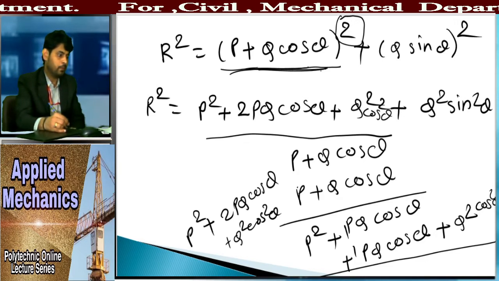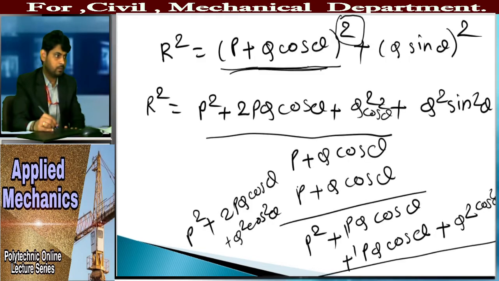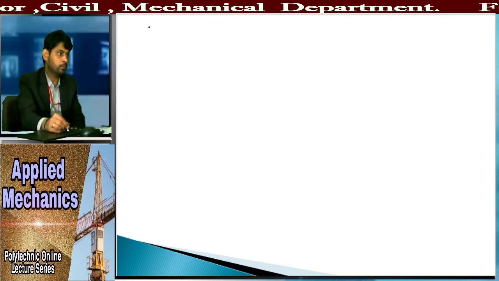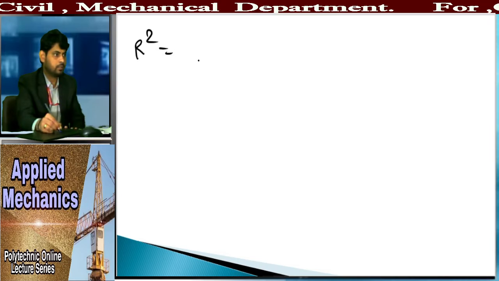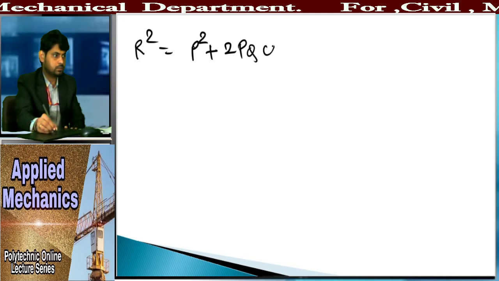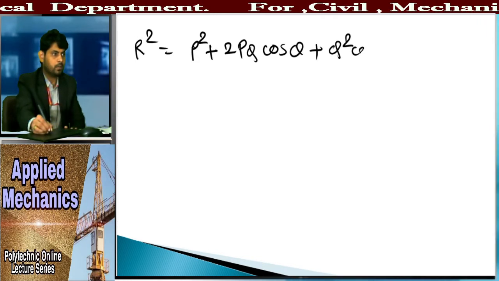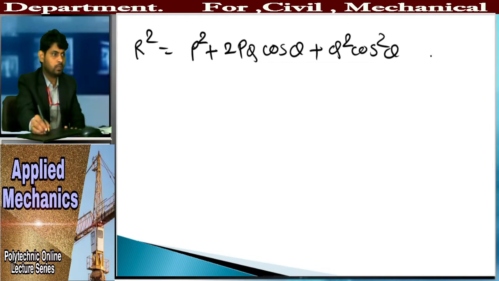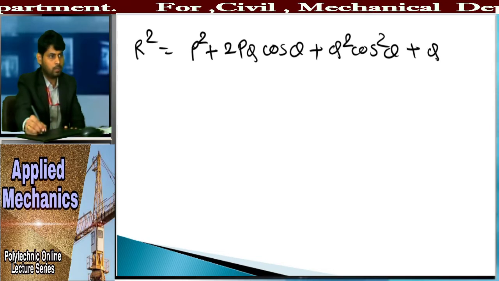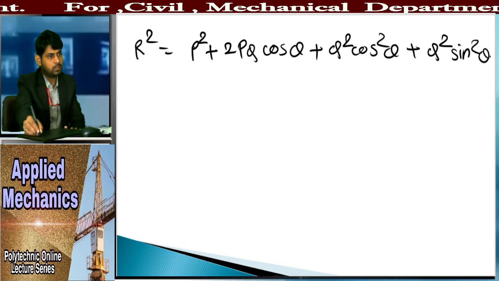So now the value is R square is equal to P square plus 2PQ cos theta plus Q square cos square theta plus Q square sin square theta.